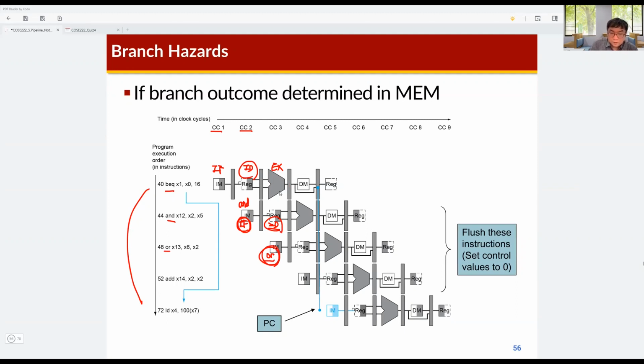When the branch instruction is in the EX stage, the ALU receives the data from X1 and X0 and performs the subtract operation, so just a comparison. X1 minus X0 is actually 0, and then we check the zero.